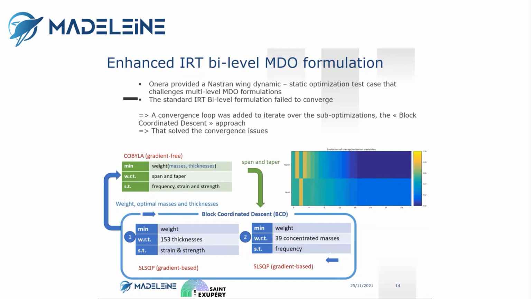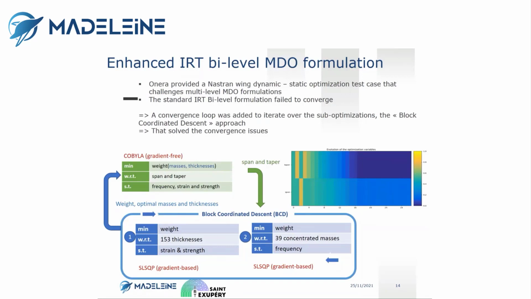So a static optimization can destroy all the dynamic constraints. And this kind of decomposition between the two disciplines is really at the core of the bilevel decomposition.